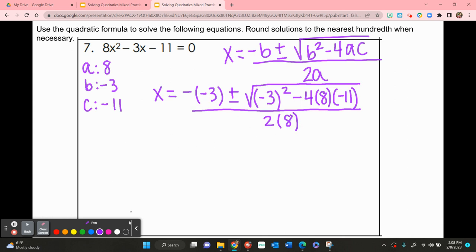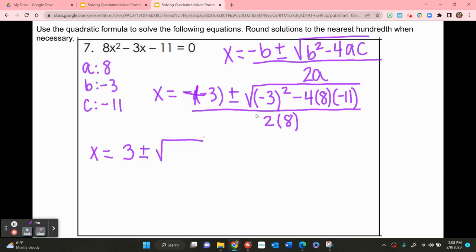Now we want to simplify this. So simplifying this, I have x equals, and here I see I have two negative signs. Remember, when we have two negative signs, that becomes a positive. So here, this is a positive 3 plus or minus the square root. Now I want to plug the discriminant, which again is underneath the radical, into my calculator.